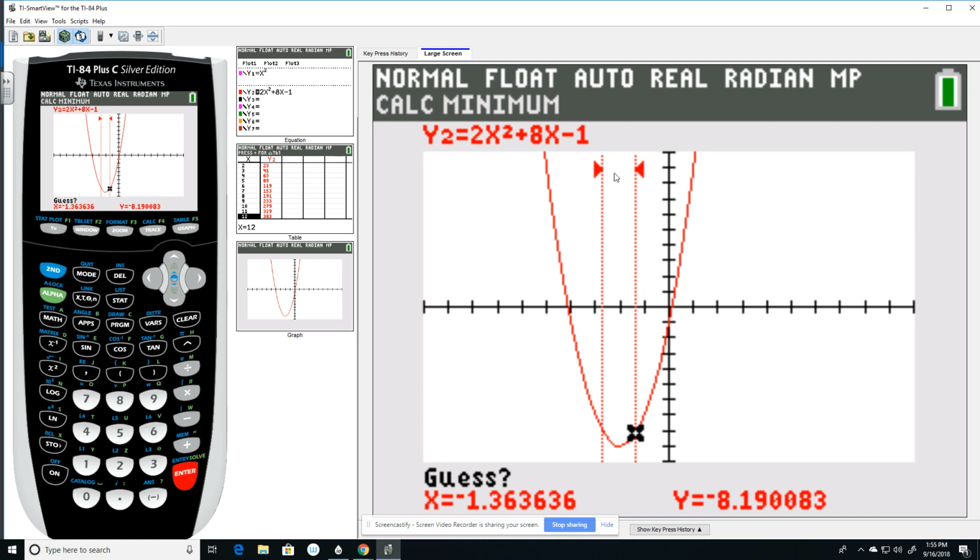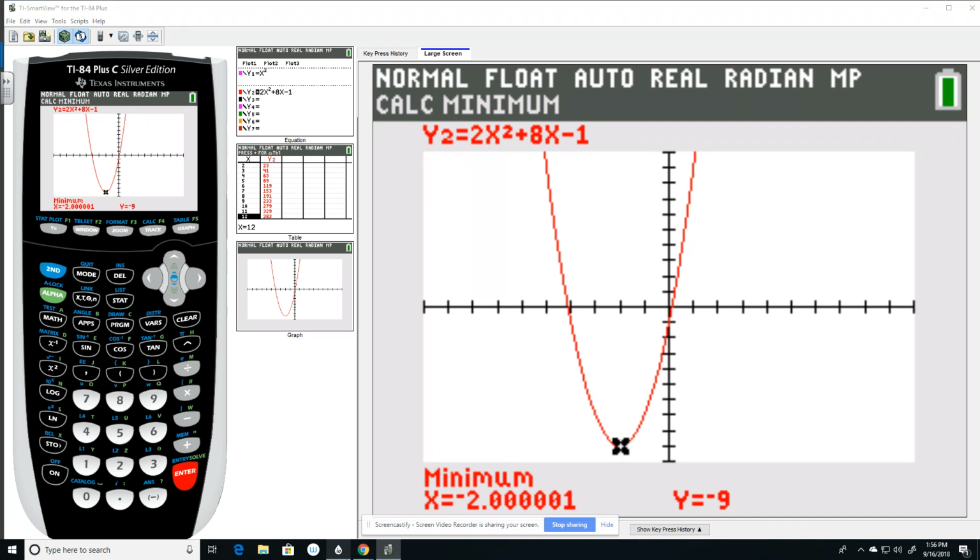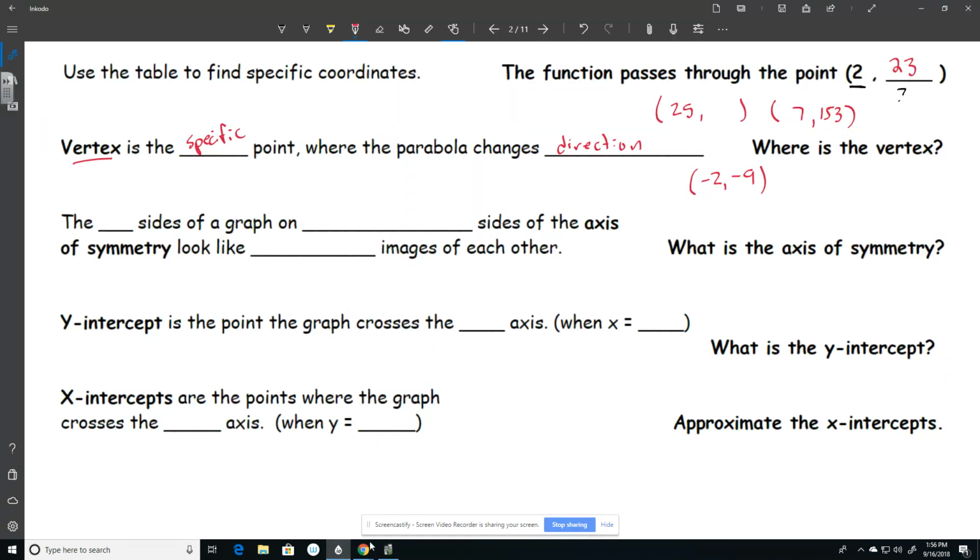And so it's showing me that my smallest point is in between here somewhere. And I can even make a guess and try to get as close as I can. And then when I hit enter again, it tells me that my minimum is negative 2.0000001 and negative 9. So I'm confident that my vertex, the smallest point, is (-2, -9).